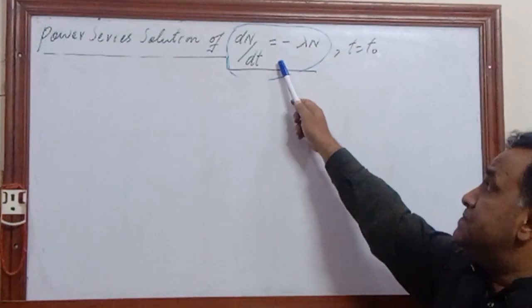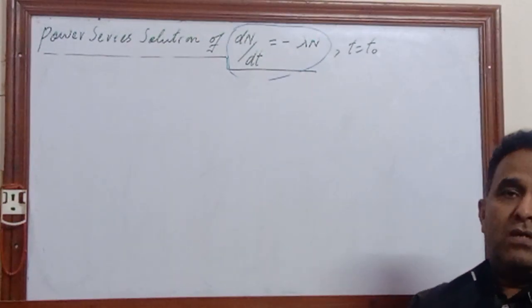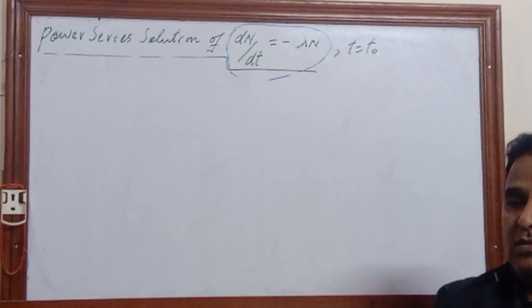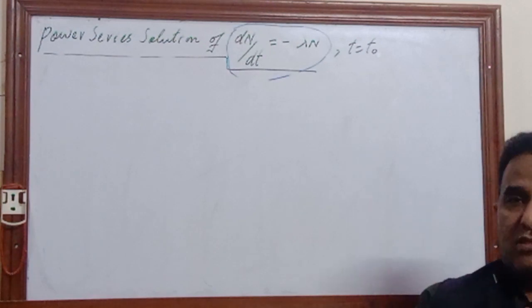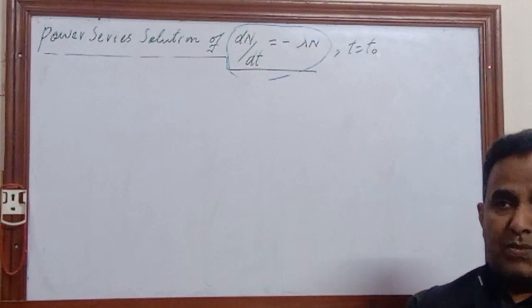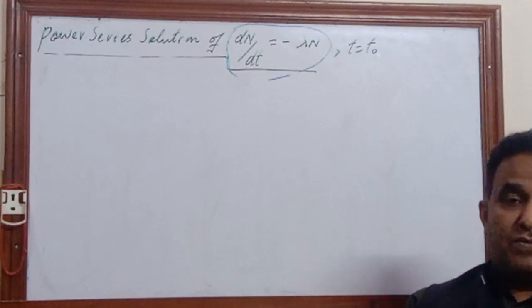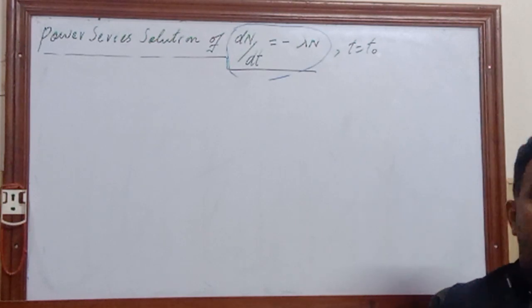We know that the Taylor series solution of this differential equation is an infinite power series. Infinite power series means there are an infinite number of terms in the series. If we want a finite number of terms in the series, we have to perform an approximation, and that approximation is called truncation.